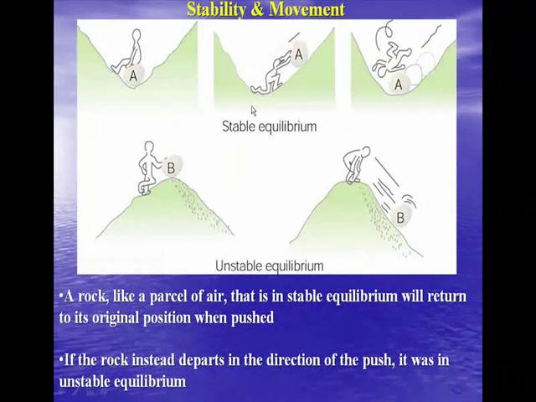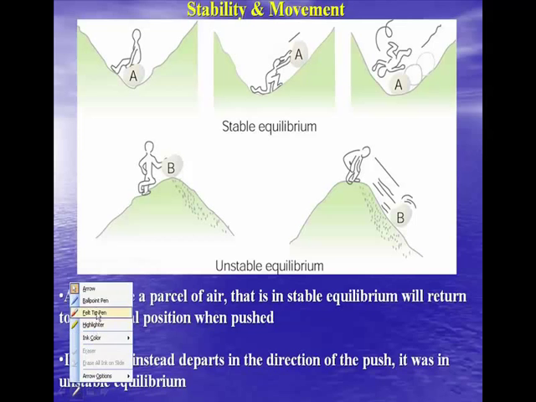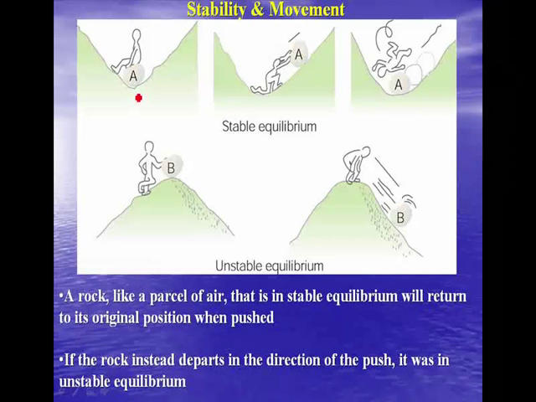Okay, now that you understand or have a pretty decent idea about the air parcel versus the rest of the atmosphere, let's actually get into stability and movement. Here's an example that I've used in many previous classes before. You have someone sitting down here in a valley, sitting on a rock, and this person begins to move the rock up the hill, and all of a sudden the rock begins to fall back down toward the valley.